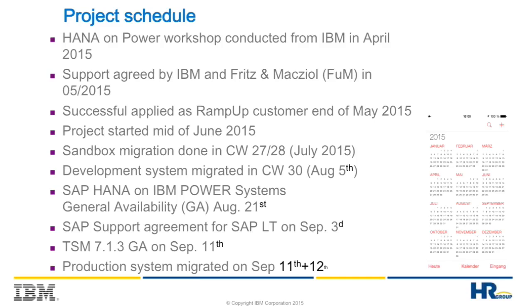And then we did a final migration of the productive system on the 11th and 12th September last year. At the same time, and you see it in the line above, we had TSM for HANA and Power available on the same day where we did the productive migration.